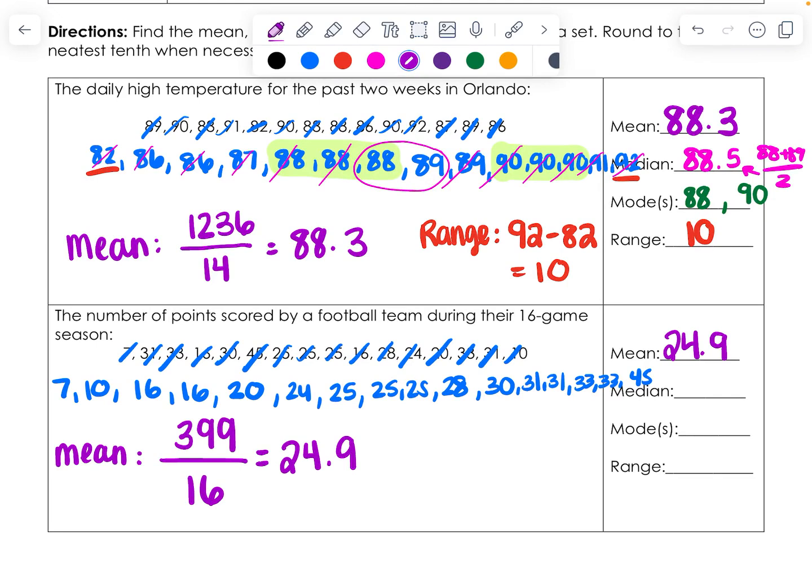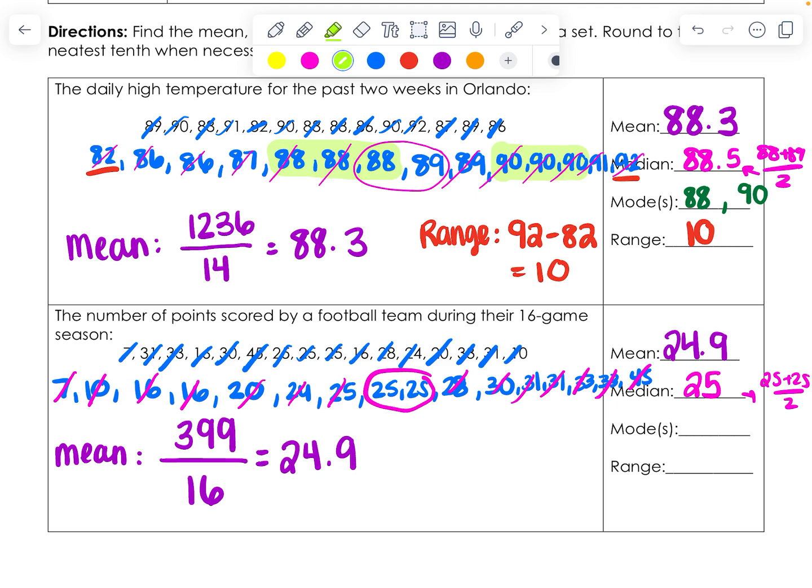All right, next is the median. That is my middle value. So to find my median, I'm going to cross these off, one on each side. And I end up with two 25s in the middle. If it's the same number in the middle, your median is just 25. Again, you can also do 25 plus 25 divided by 2, and you would get 25.